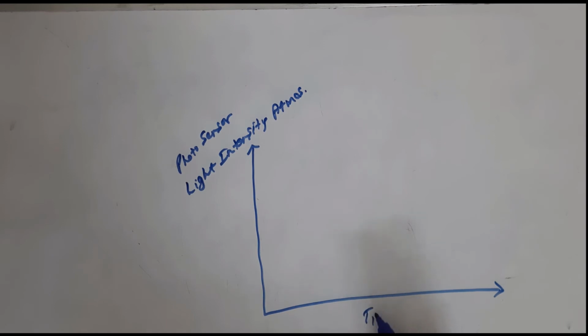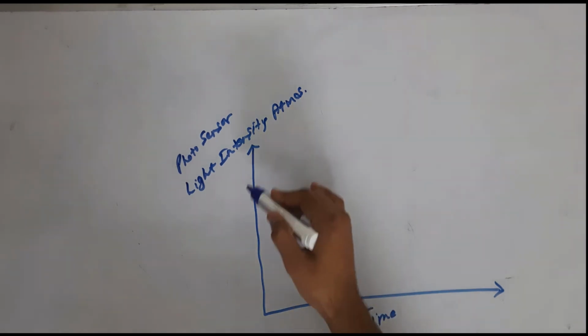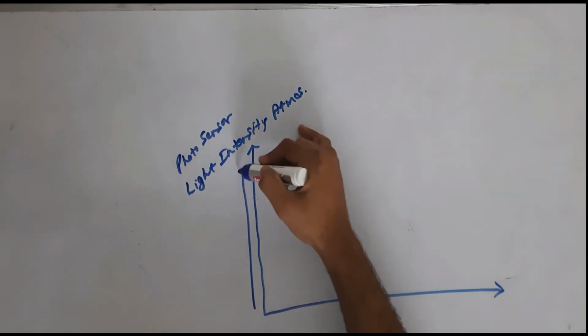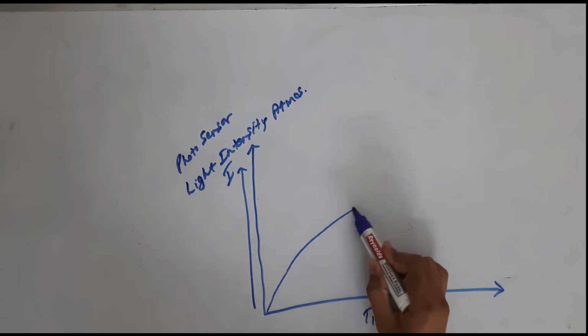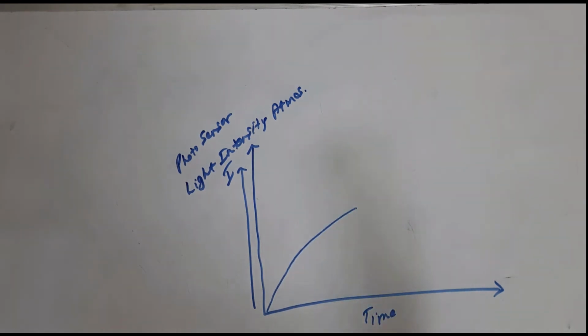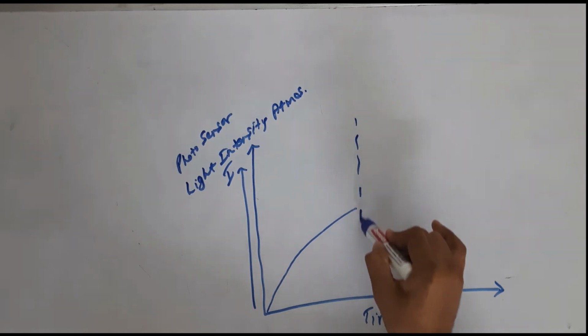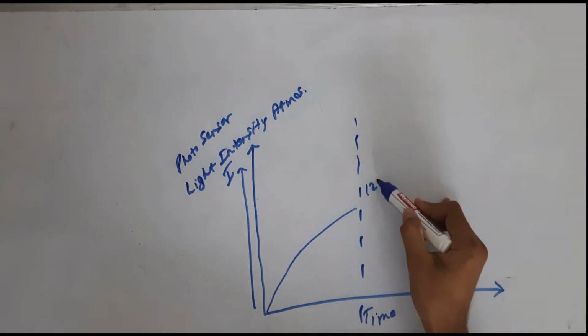Again, this will be our time and this will be the intensity of light. So how will the graph look? After sunrise, the intensity of light will keep growing throughout the day and it will be maximum somewhere around 12 noon.